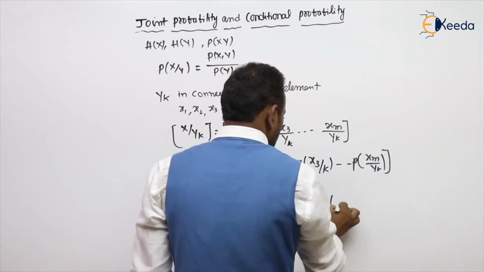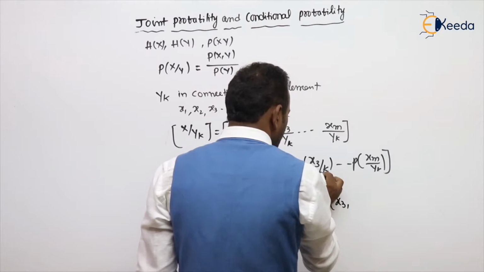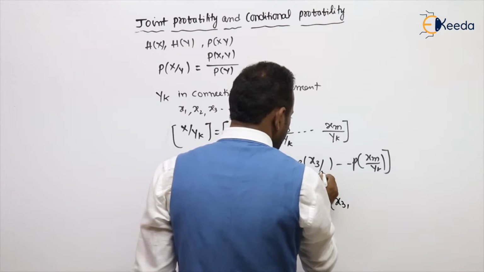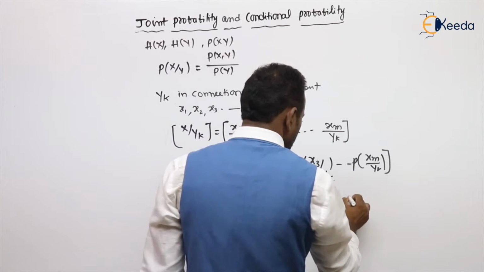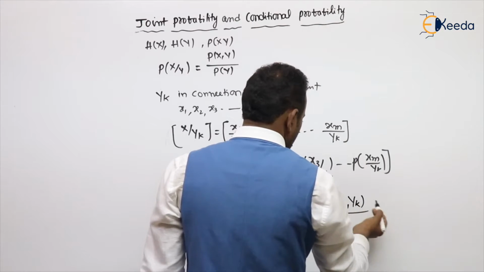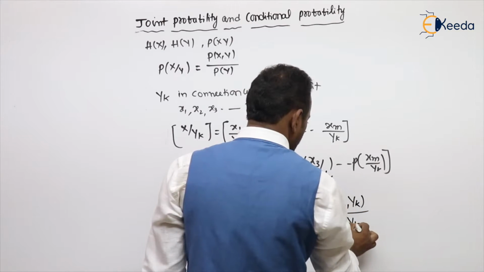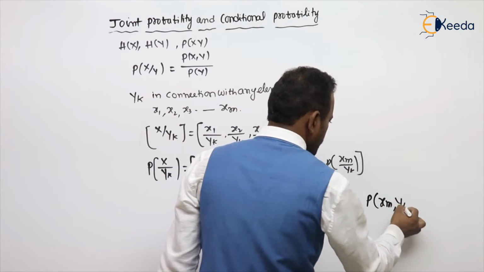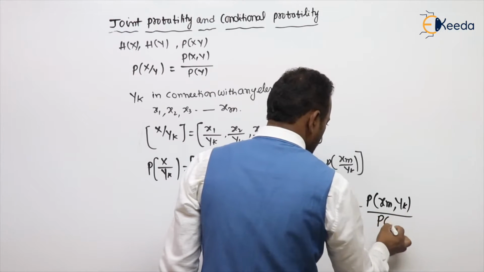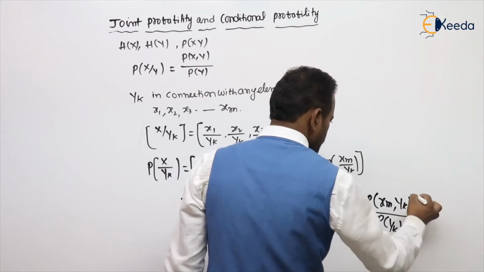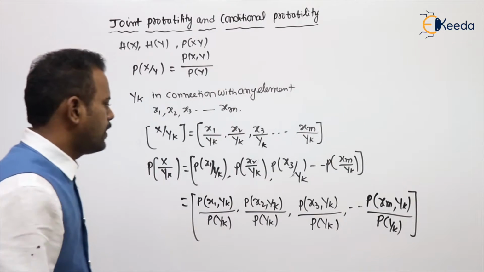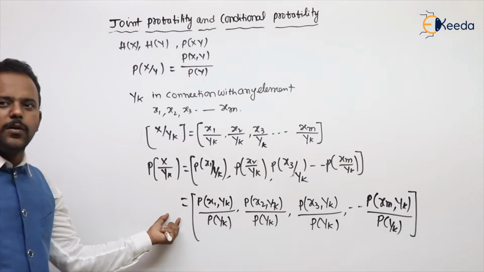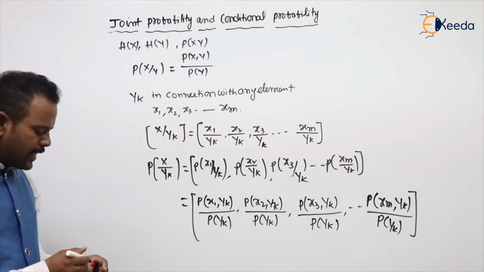This is probability of x3 yk divided by probability of yk, joint probability of xm yk divided by probability of yk. Are you getting my point? Now, what is this complete set value? This complete set probability is nothing but 1.